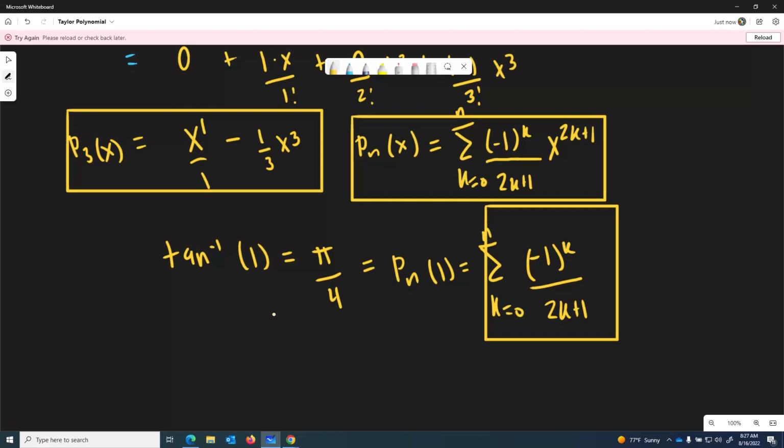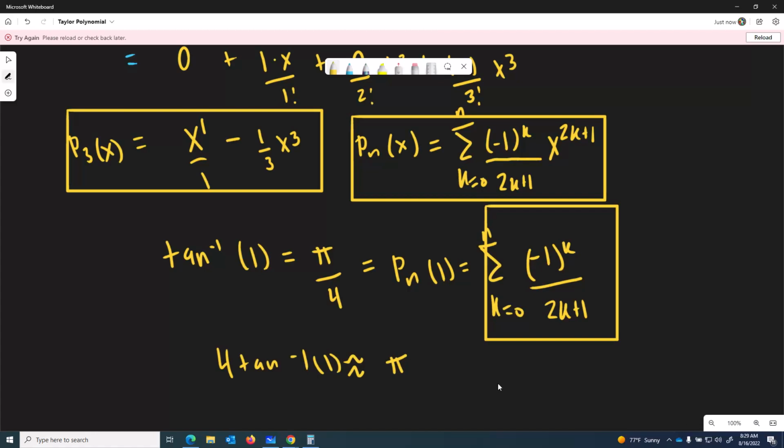But interestingly enough, if I multiply this by 4, I would actually be estimating pi using essentially the same series. So in that case, that's pretty useful.